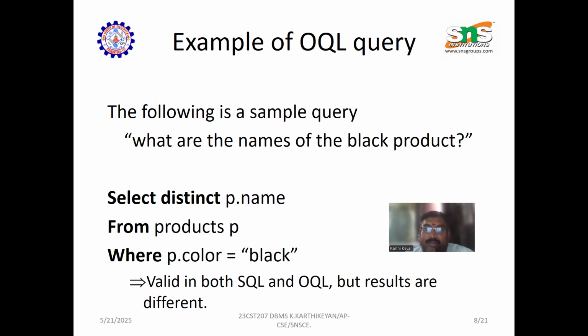Following is a simple query: what are the names of the black products? I have declared the syntax: select distinct p.name from product p where p.color equals black. This is valid in both SQL and OQL, but the results are different. The same syntax I use in ordinary SQL, a different output can be formed in a different area.